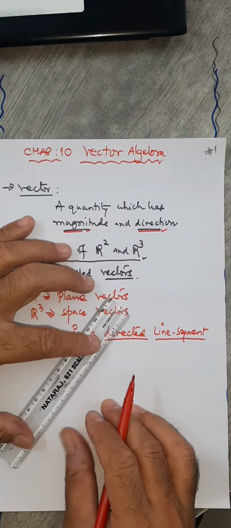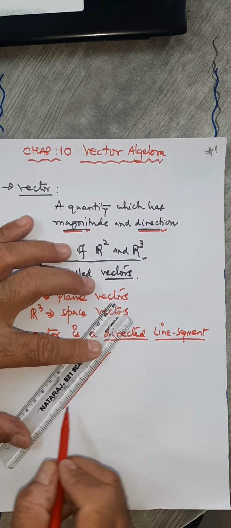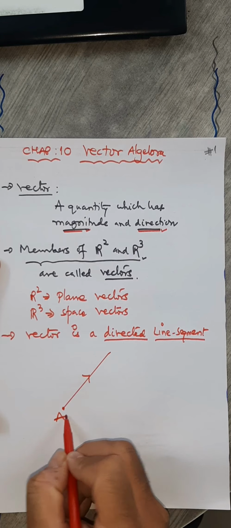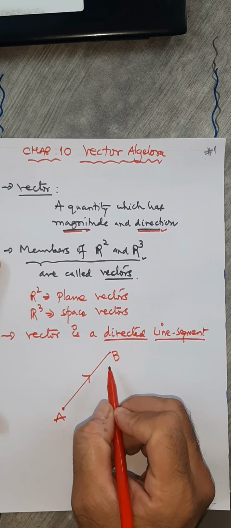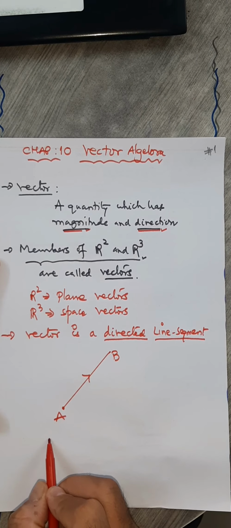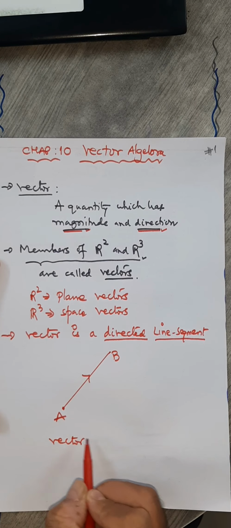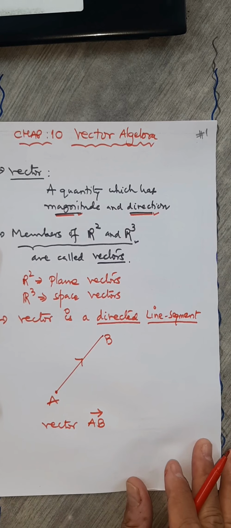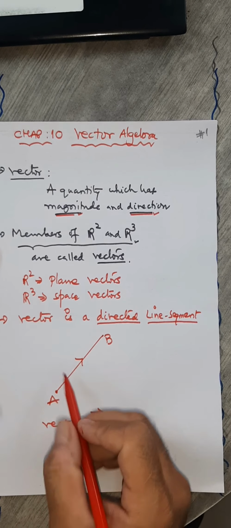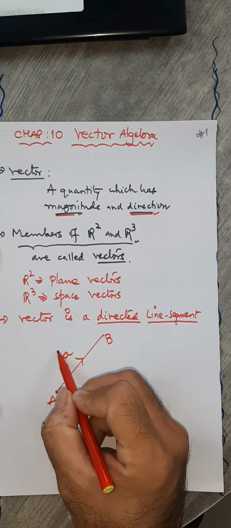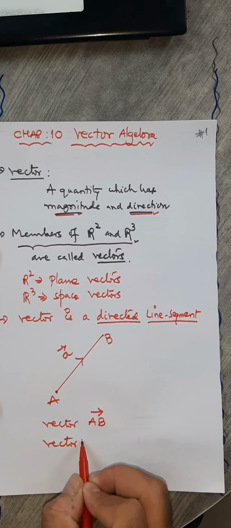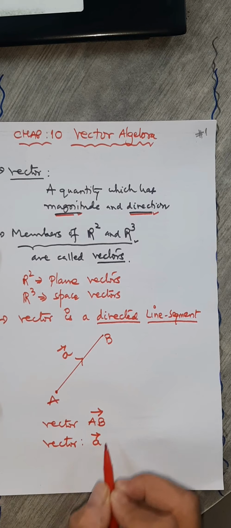If I take one line segment like this, for example, and I give the direction like this, it starts from here and suppose it ends here. So this is read as vector AB. If I take the whole as small a, then this is also read as vector a.